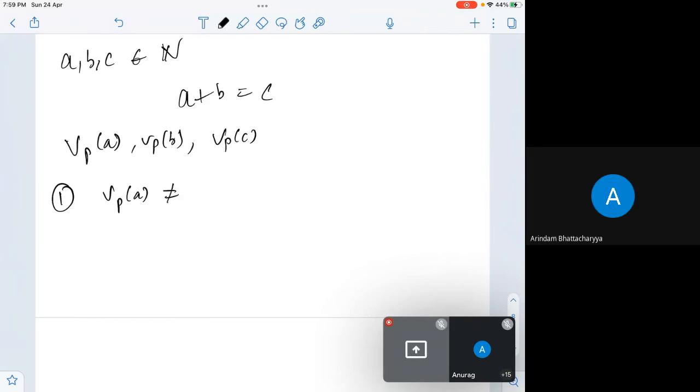So take the first case. Suppose VP of A is not equal to VP of B. Then what can you say about VP of C? It is greater than VP of A or B. Is it?